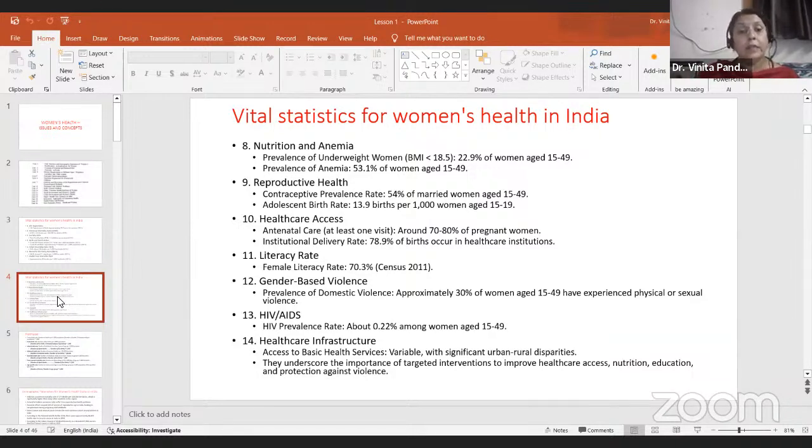And when you talk about healthcare infrastructure, in a vast country like India, where even today about 69% of India's population is living in villages, there is a drastic divide between rural healthcare and urban healthcare.